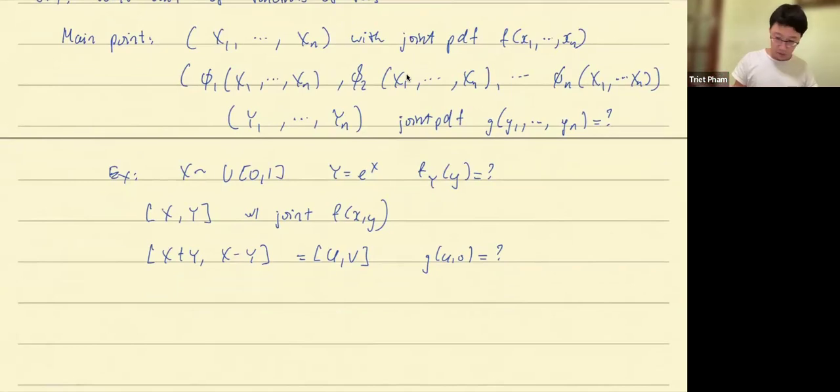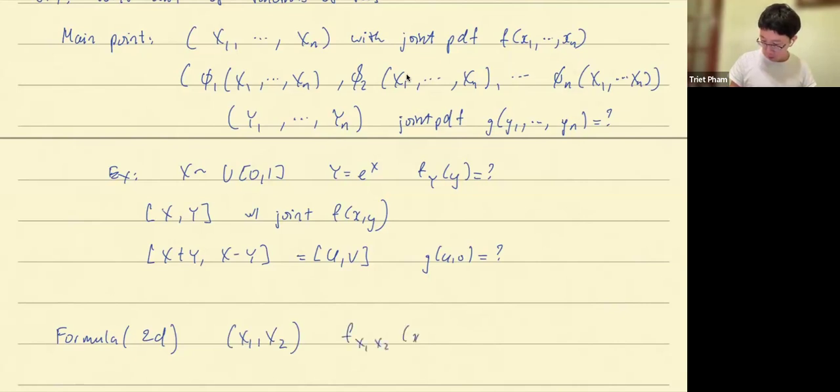The formula is as follows, and it's just for the two-dimensional case, but it generalizes. The context is that you have X1, X2 with joint density f of X1, X2 given.